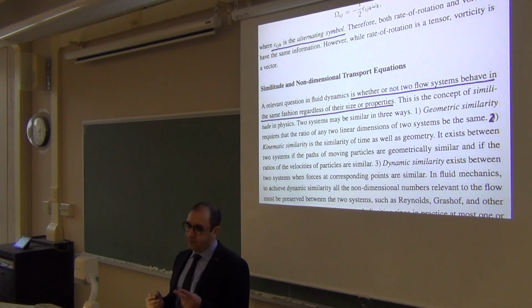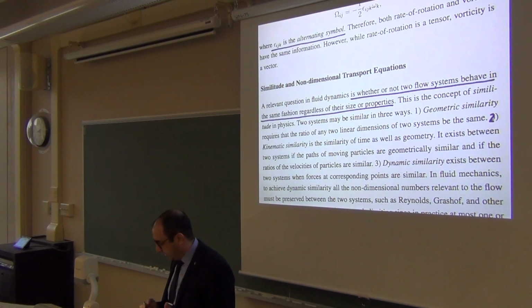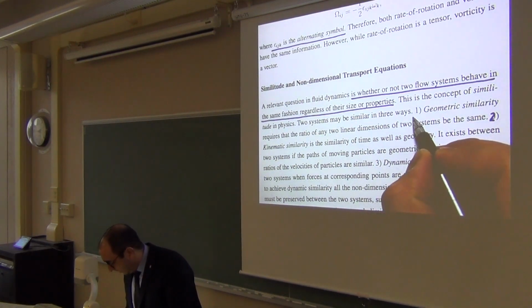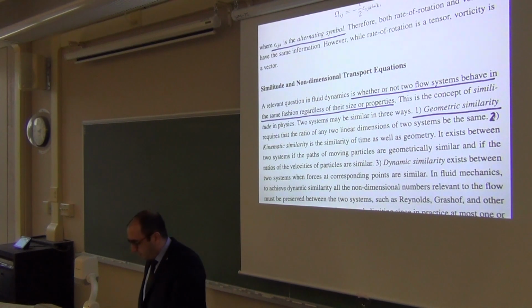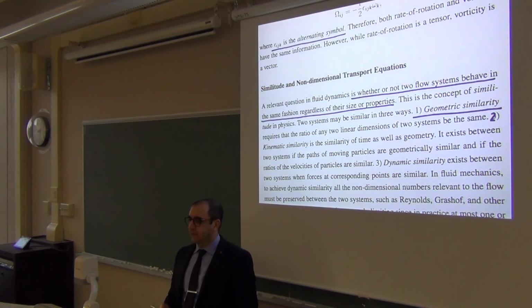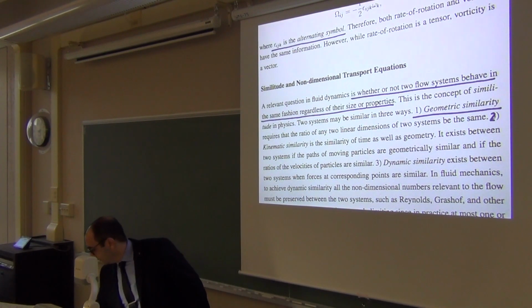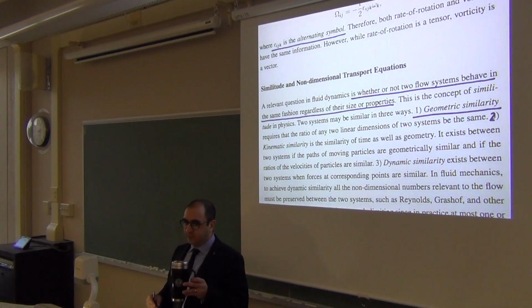If two flow systems want to be the same, they must meet 3 criteria. First, they should exhibit geometric similarity, which means the relative scales of the dimensions of the system must be the same. For example, this is a full scale cup.